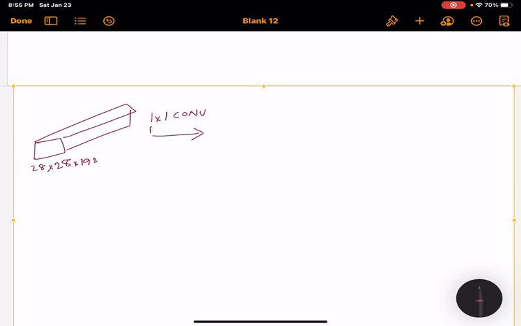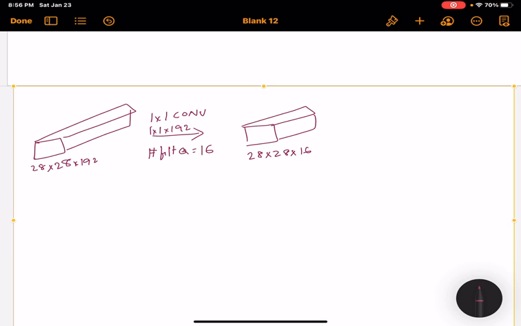So that means, of course, 1 cross 1 cross 192, right? And the number of filters I will be using is 16. In that case the output would obviously be 28 cross 28 cross 16. As you can see, the depth of my channel decreases.